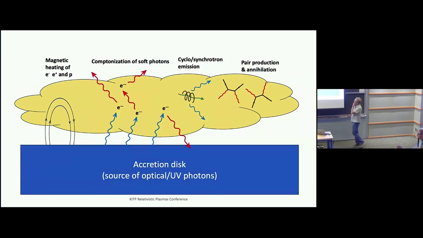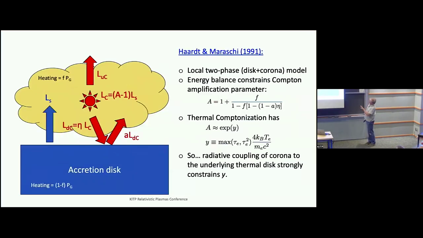One of the things you can do, and this is some seminal work in the 90s by Haardt and Maraschi, is set up a very simple consideration where you just consider this a two-state system: system A, system B, and then look at the energy flows between them. So we have a soft photon flux that comes off the disk, optical UV flux L_S.